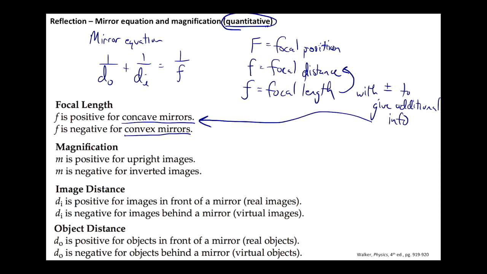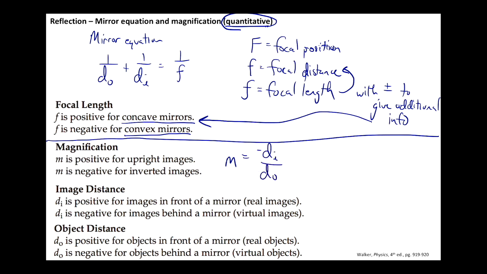Got that? Okay? One additional equation to put on this slide, and that is for magnification. Magnification M is equal to negative dI, the image distance, over dO. And it's also just equal to the height of the image over the height of the object.